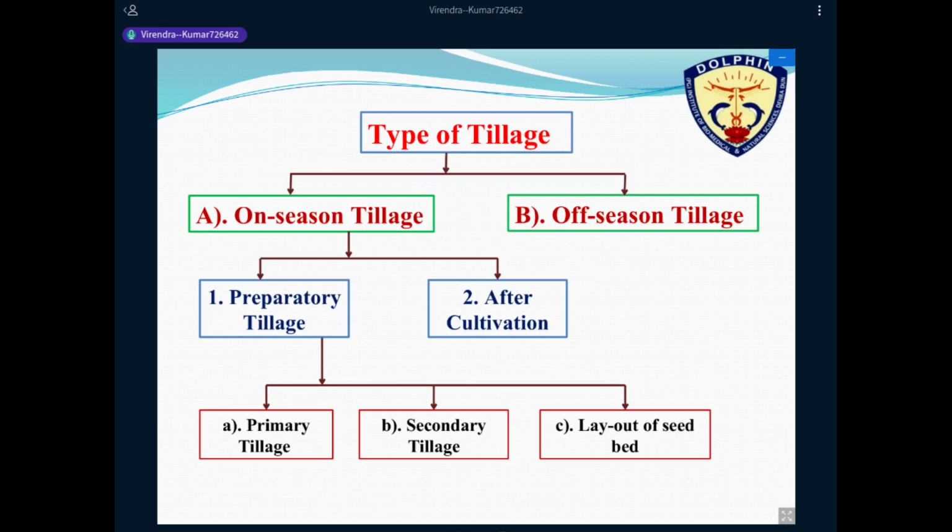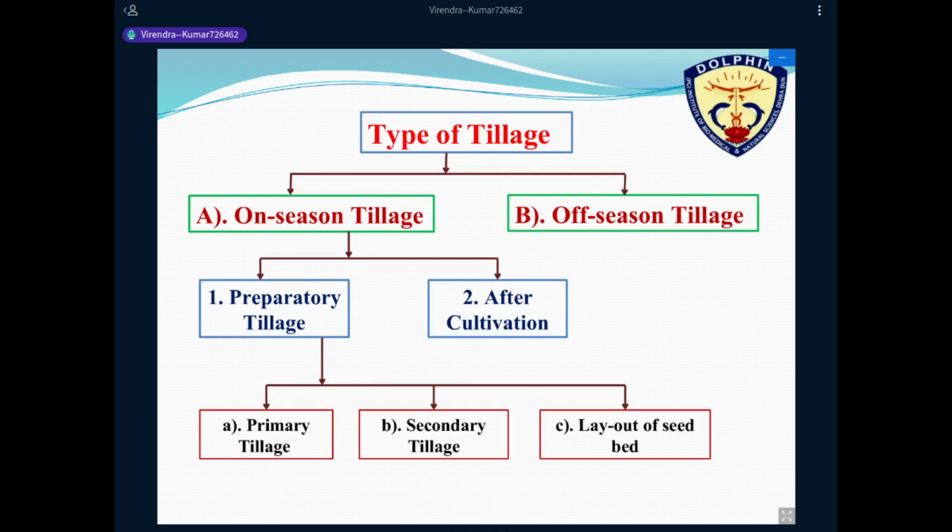When we start to grow crops, whatever tillage practices we do at that time are called on-season tillage practices. These are completed with two different tillage practices: preparatory tillage and after-cultivation tillage.